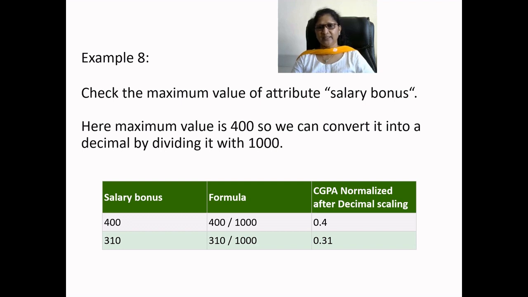This is another similar example where we want to convert a salary bonus to new range. So we will look at the maximum value, that is 400. It has got 3 digits, so we will divide by 10 raised to 3 and we'll get new values. 400 is mapped to 0.4 and 310 is mapped to 0.31.